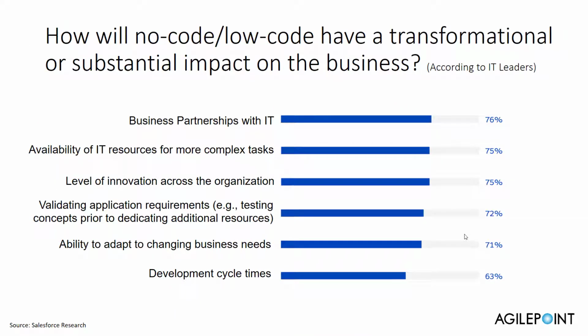So what are some of the goals in implementing low-code technologies? Now you're seeing a lot of drivers on screen, but I think what we'll really do is talk about the first one here, the ability to increase partnership with IT from the business. Now this has been a sticking point for as long as anyone can remember, and typically there's been a huge gulf between the requirements that the business puts forth and what IT has been able to deliver.